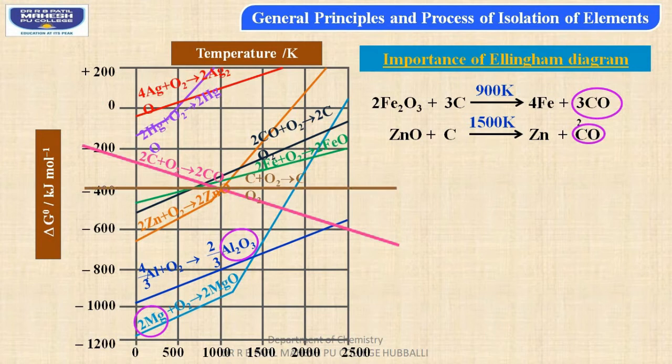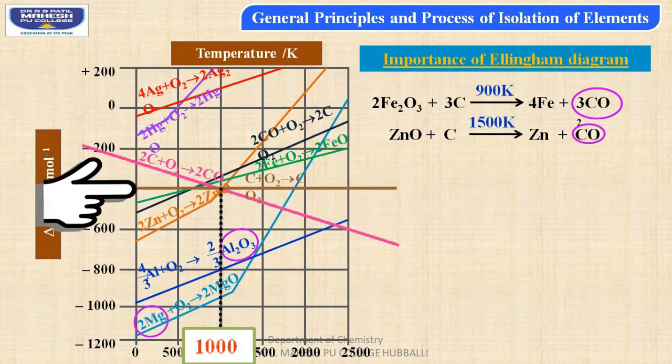Both the slopes intersect at a particular point. From the same point, we can draw a perpendicular towards the x-axis, and the perpendicular line bisects the temperature axis at 1000 Kelvin.